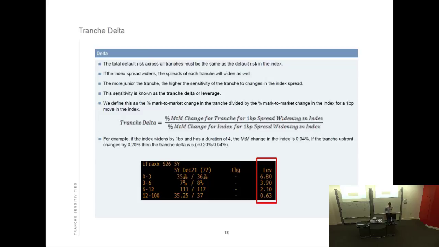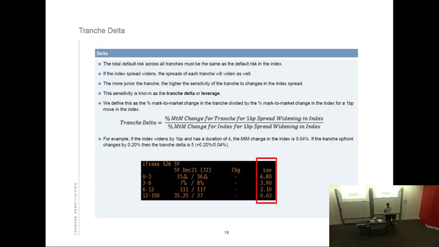So let's talk about the first one first. So the sensitivity to general levels of spreads. Now, I think it's pretty intuitive that the riskier a tranche is, the more sensitive it is to the absolute level of spreads. Right? So an equity tranche, if portfolio spreads, if everything widens at once, an equity tranche will see a pretty big change in its price, because suddenly the chance of it seeing significant losses has become a lot higher.